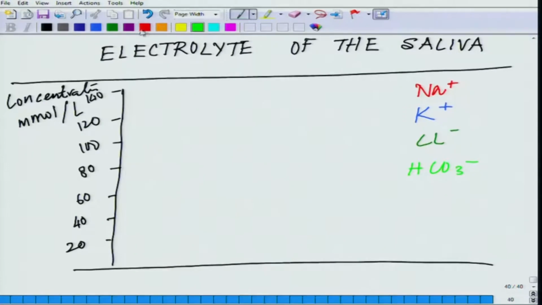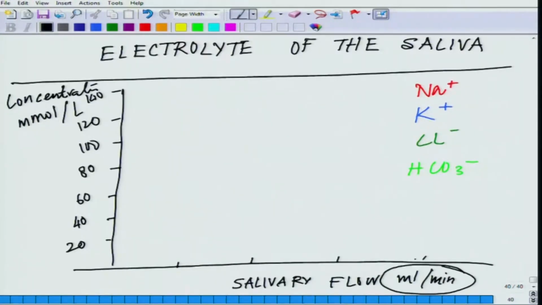Let us talk about the sodium. Sodium concentration is something like this. By the way, the other axis is showing your salivary flow, in ml per minute: 1, 2, 3, 4. Okay. So, 1 ml per minute likewise.